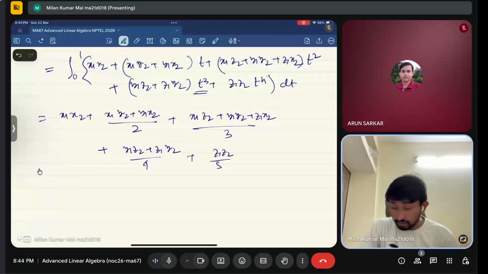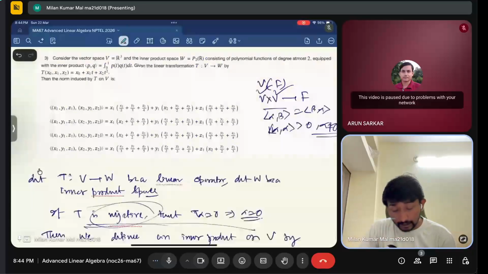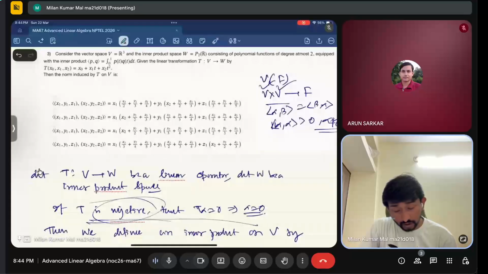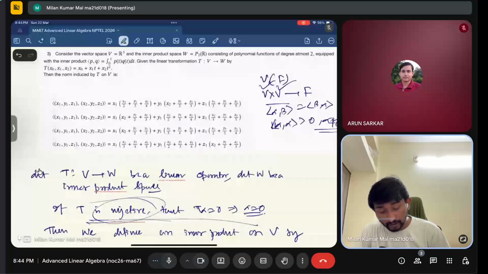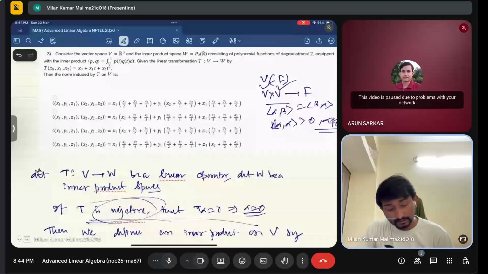So let me check which option is correct. Oh god, here it is. They have changed many things. So I have to take x1, y1, z1 common somehow. If I take x1 common from this term and this term, this will be x1 times (x2 plus y2 by 2 plus z2 by 3).